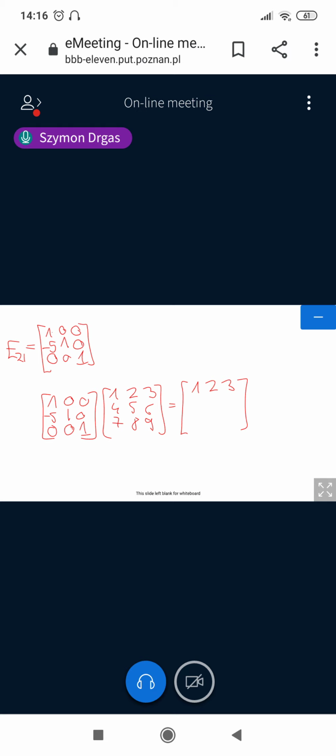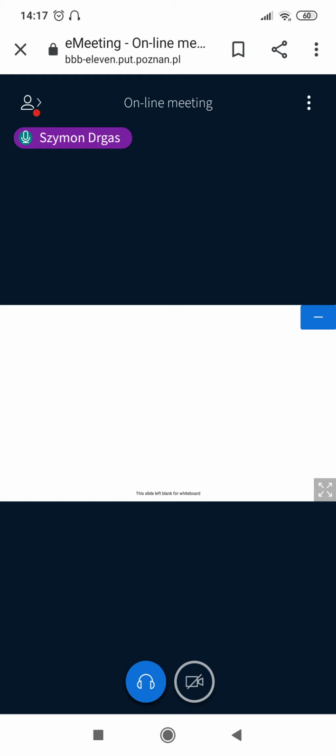So let's try this second example. How should we write this E32 matrix? So the matrix that subtracts -7 times row 2 from row 3. So please write it in the chat if you know the answer.